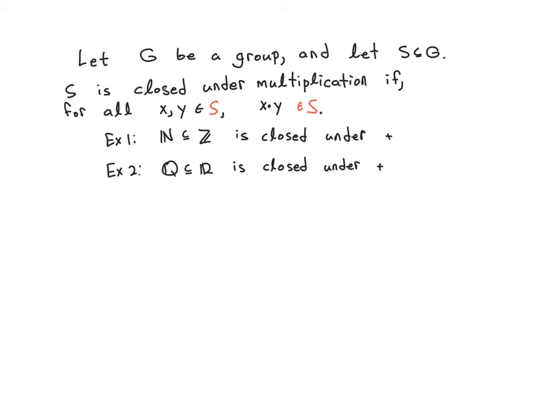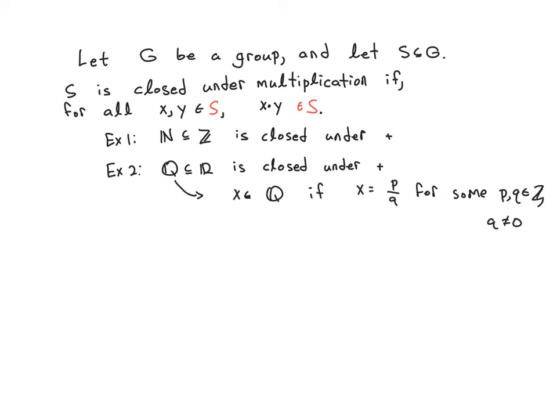As another example, consider the rational numbers. Every rational number is a real number. We remind ourselves, in case you need the reminder, that a number is rational if you can write it as p over q for some p and q integers, and q is non-zero. So we claim that Q is actually closed under addition.